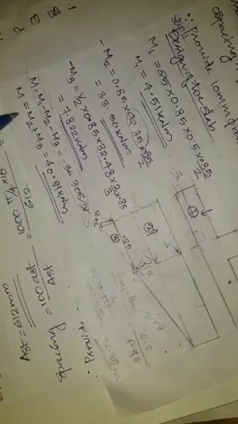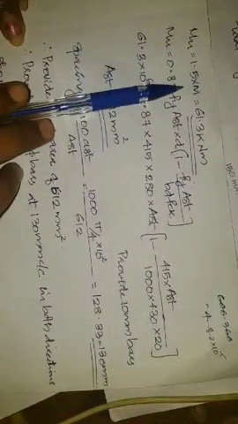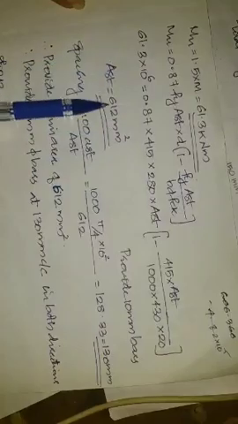Then the ultimate moment, by multiplying by 1.5, we get 61.3 kilonewton meter. We have an equation: the ultimate moment is equal to 0.87 fy Ast d into 1 minus Ast fy by b d fck. By substituting all these values, we get Ast as 612 mm square.